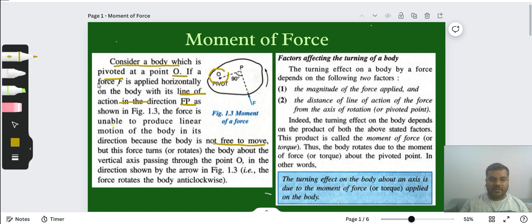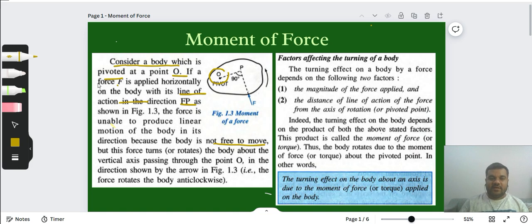Instead of that, because you are applying the force F here, it will try to rotate the body about point O, about the vertical axis passing through point O, in the direction shown by the arrow mark. This force tries to produce a rotational motion about point O in the anti-clockwise direction.